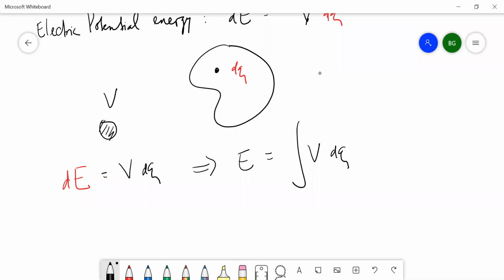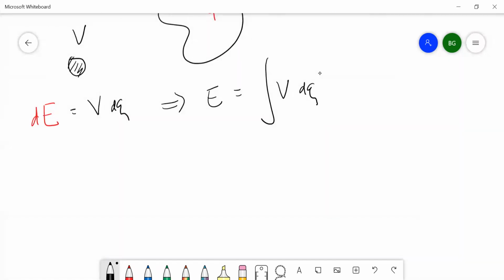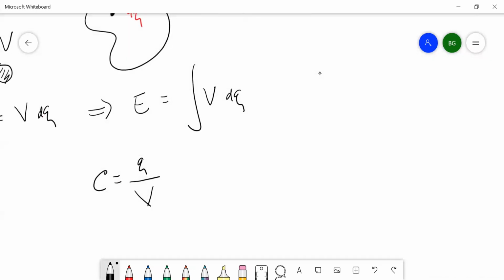From the definition of capacitance, C is Q over V. Because this is a little q, not a capital one, we get that V here is q over C, times dq.